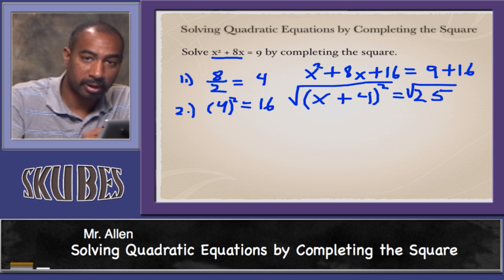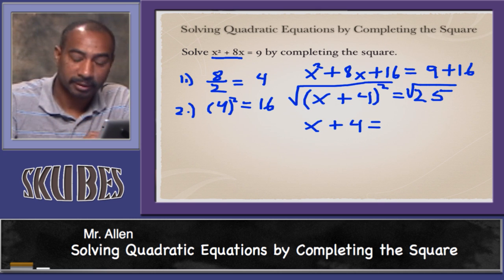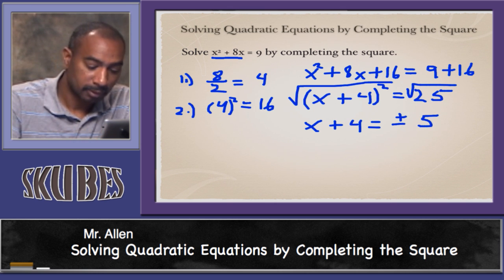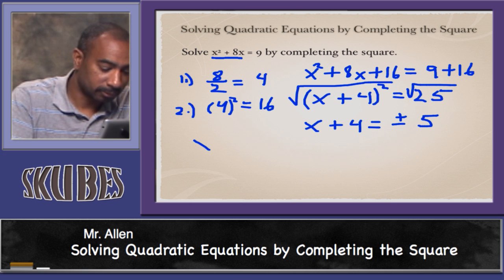If I unsquare x plus 4 to the second power, I just write down the base. It's going to be x plus 4. And if I take the square root of 25, I get plus or minus 5. So now I have two equations. x is going to equal 5 minus 4, and x could equal negative 5 minus 4.